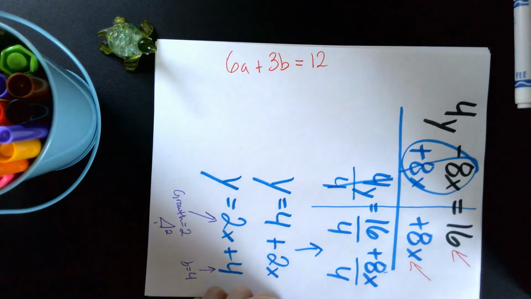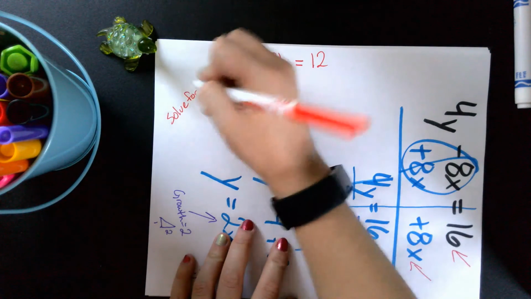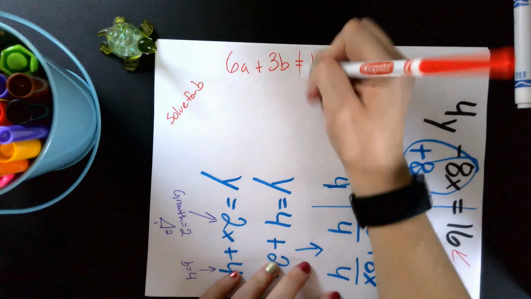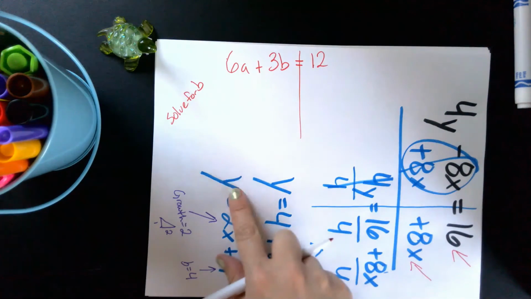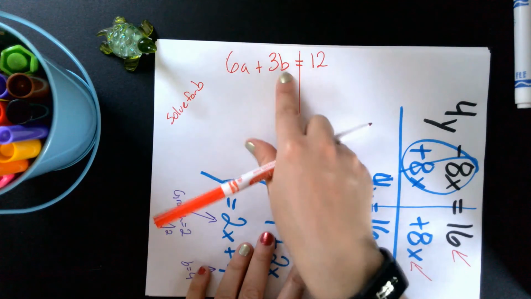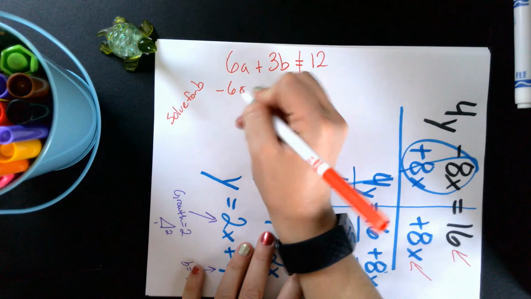Okay? So 6a plus 3b equals 12. And I say, I want you to solve for b. How would you do that? Well, I need to get b all by itself like I did my y, or I do my x's. So what is bothering my b? The 6a. So we're going to get rid of the 6a.